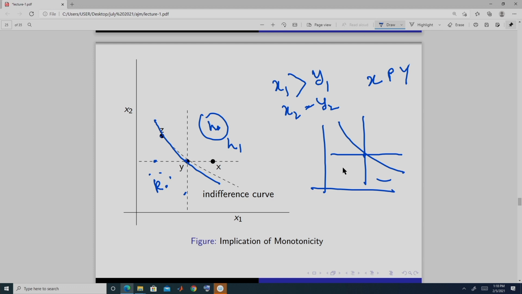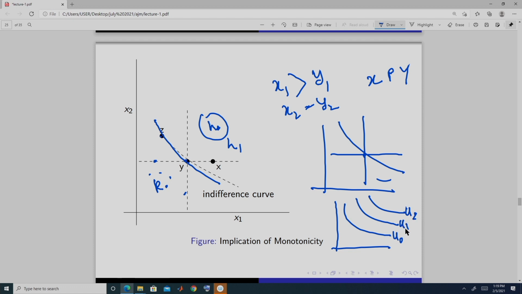Okay. And the second implication is that for these level curves, U2 should be greater than U1, and U1 should be greater than U0.